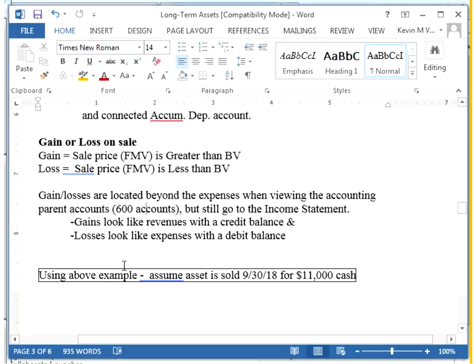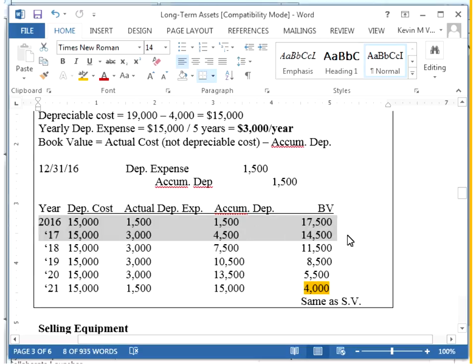We're going to go back up to my original example using the vehicle, a $19,000 vehicle. But we're going to assume now that at 9-30, so September 30th, 2018, I sell it for $11,000 cash. So my T accounts would be up to date through 2017, and now we're going to pretend that I sold it in 2018.